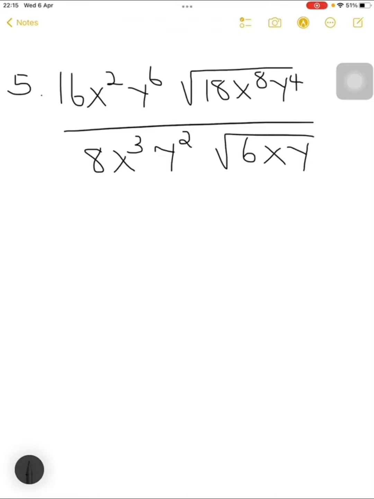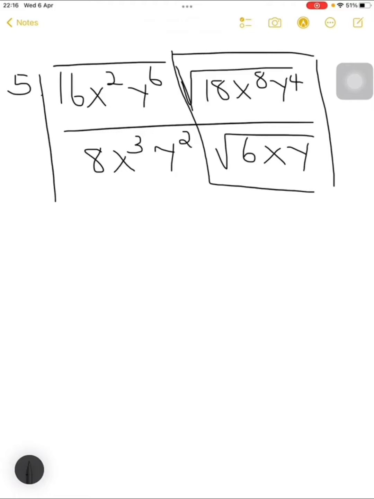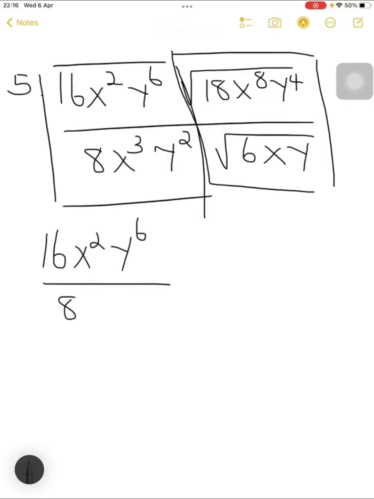Alright, if you want to work out this without any confusion, this is how you are going to do it. First of all, check what can be simplified first so that you can make it look much simpler. So we can set this one aside at first, and deal with this part first. So we can have 16x squared y power 6 all over 8x cubed y squared.